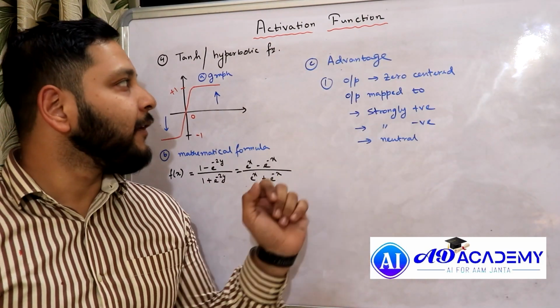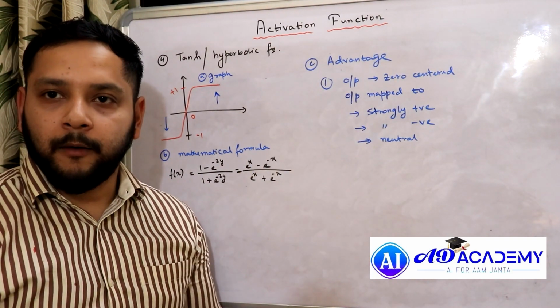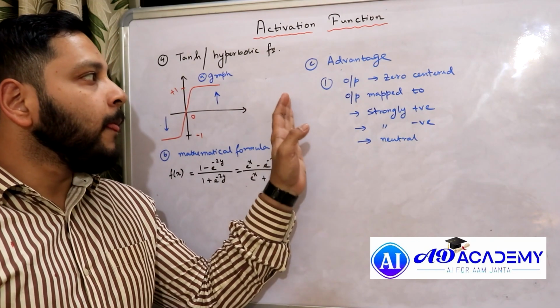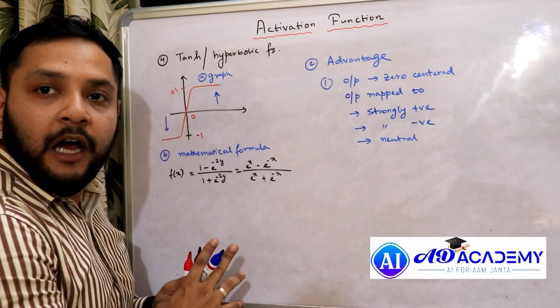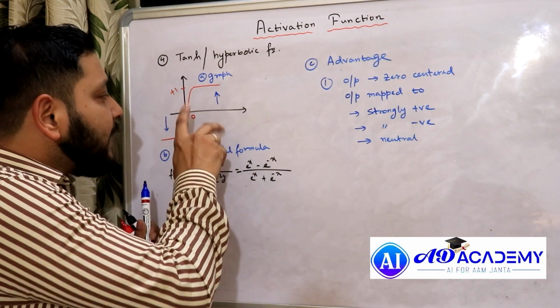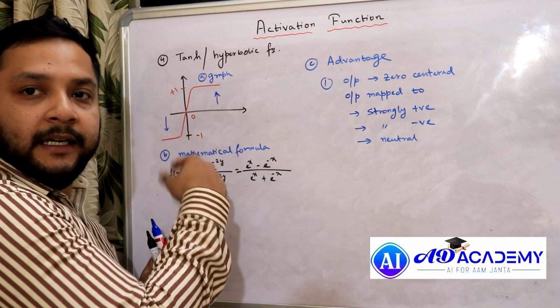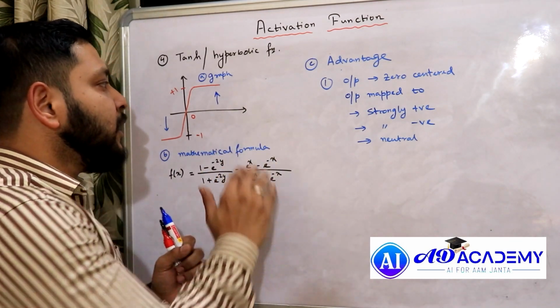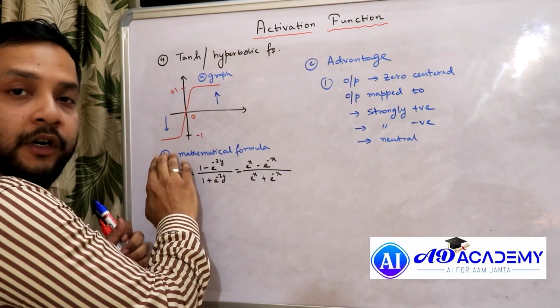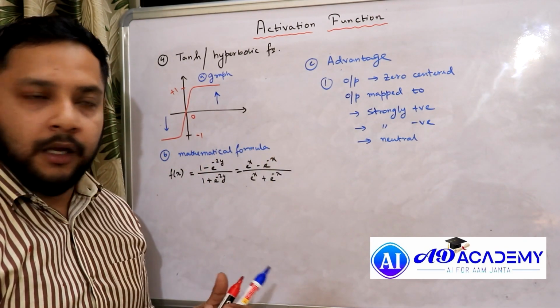Now coming to the advantage of hyperbolic activation function. First of all, we can see that the value of the output will be centered around 0, so the output can be mapped as strongly positive or strongly negative or neutral.